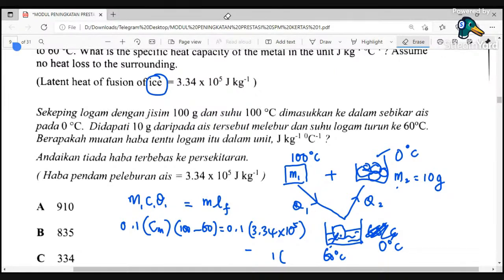So I just misread the value of the temperature just now. So the 60 is for the metal plate, not for the mixture or for the ice. So for the ice, we just discuss about the melting process only. Okay, means final temperature ialah 0, no change in temperature. So we just have m Lf. So it will become like this. Okay, so just solve this one to find the value of c.